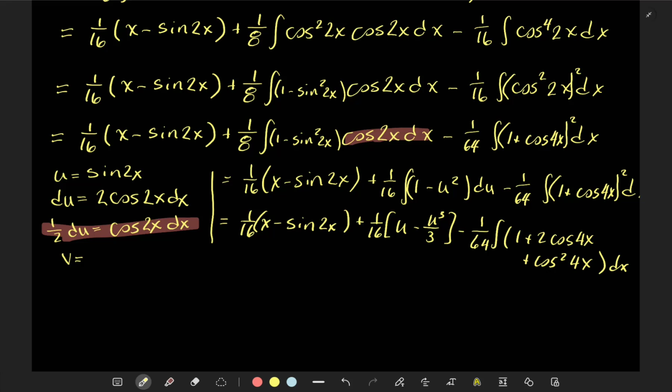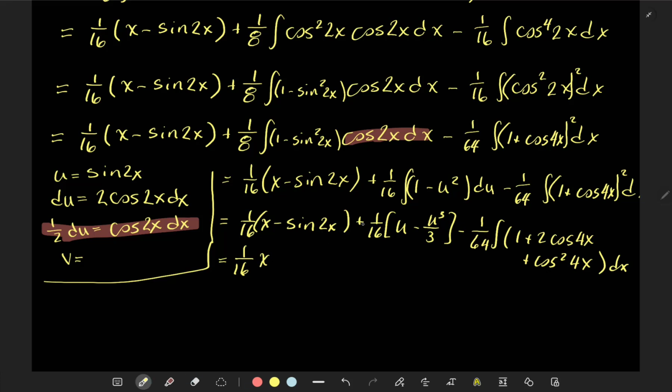All right, so now taking back substitutions, this u is going to become the sine of 2x. So I can distribute and eliminate things, so that sine of 2x will cancel actually. So I get 1/16 of x, and I'm going to have this one minus 1/16. Oh, the x is up here, not down there.